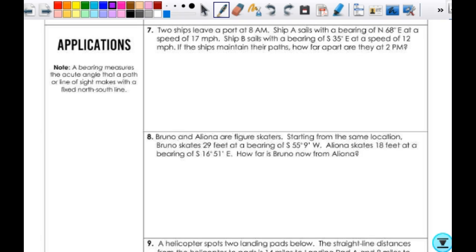So, it says 2 ships leave a port at 8 a.m. Ship A sails with a bearing of north 68 degrees east. So in order for me to draw that, I need to have my north there, right? So there's my north. It sails at a bearing of north 68 degrees east. So I end up over here, and this is ship A, and this is 68 degrees.